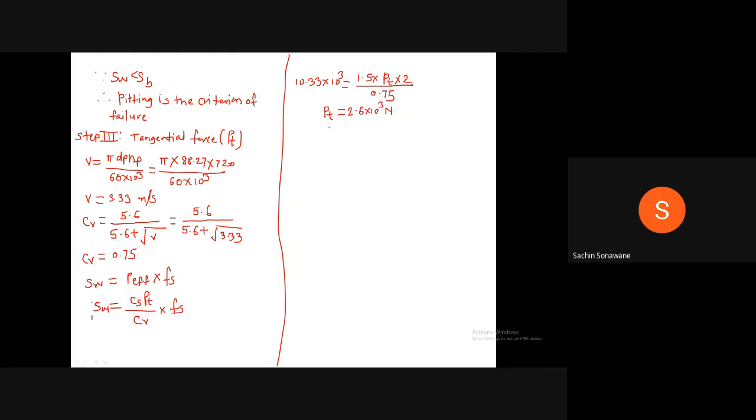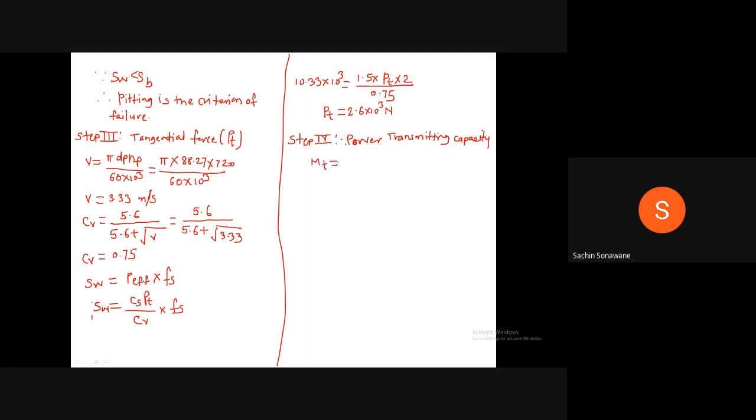Now from PT, calculate torque transmitted. Therefore, step 4, power transmitting capacity. To calculate power, we must know torque. Therefore, first of all, we will calculate torque transmitted.